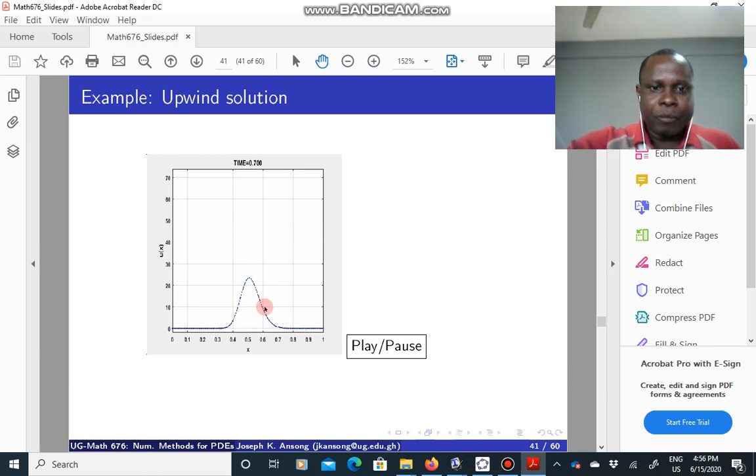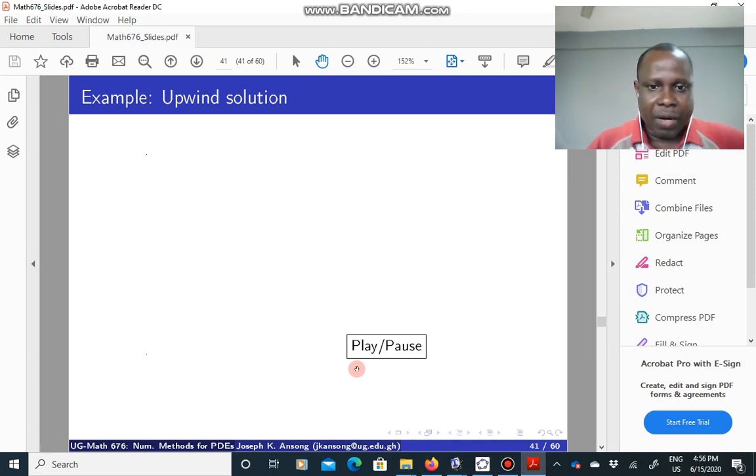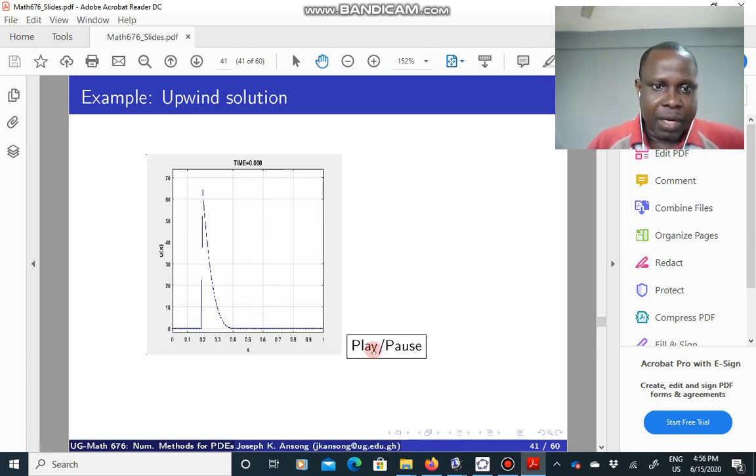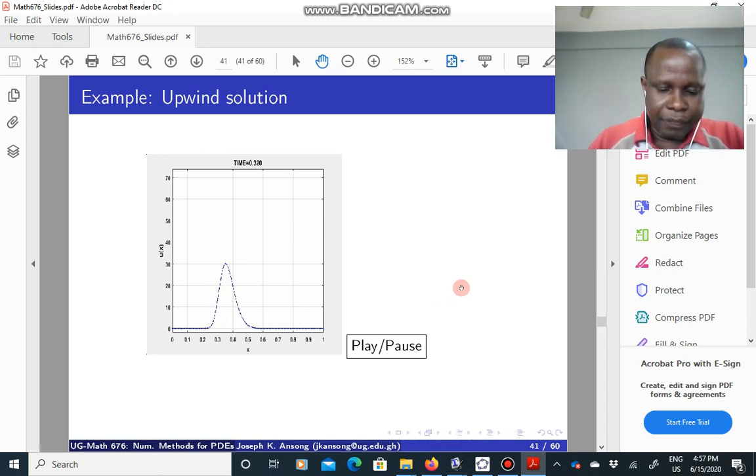This is just a simple example. You can look at different initial shapes and how they move. The initial hump immediately decreases and then begins to move to the right. So that is a simple example of using the Upwind scheme.